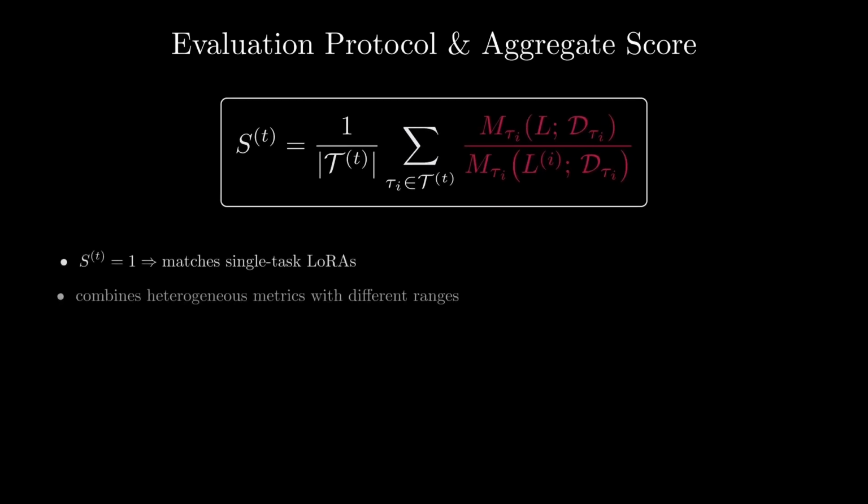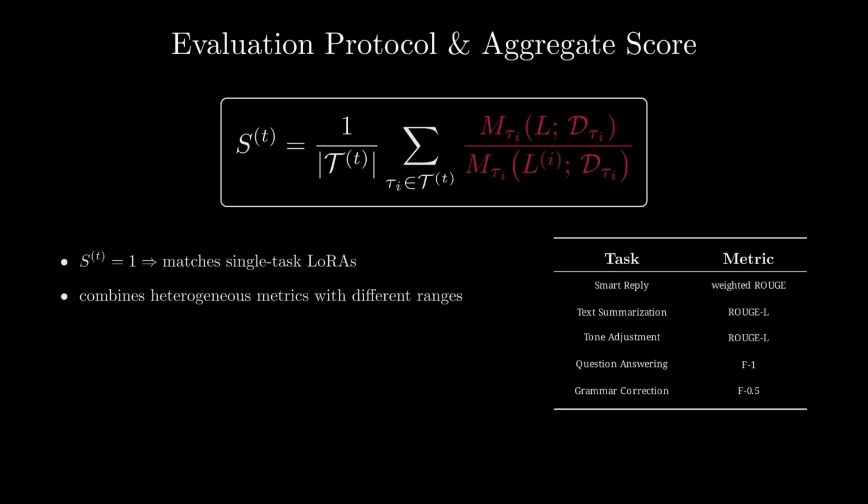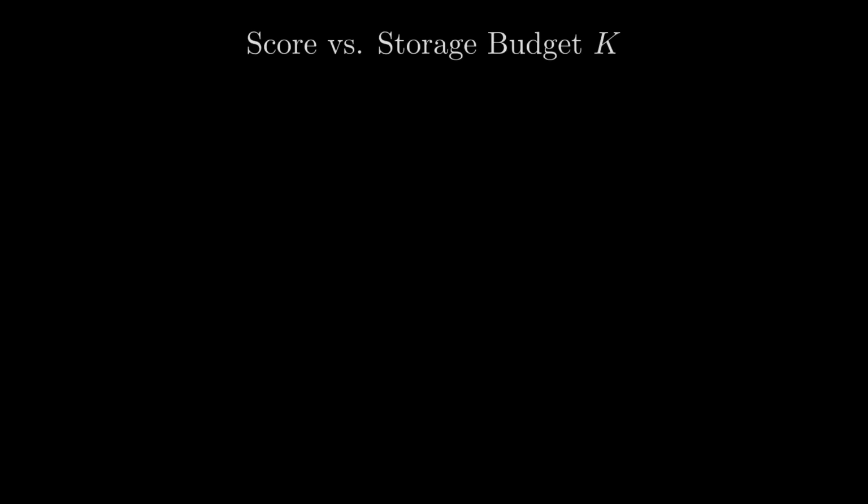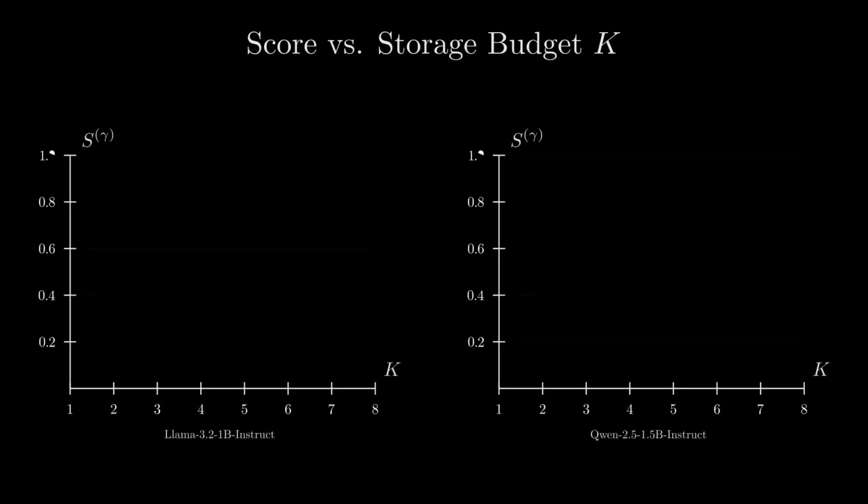This formulation is particularly useful because it lets us combine completely different metrics which can have different ranges into a single score at each time step. For example, Rouge L for text summarization and tone adjustment, weighted Rouge for smart reply, F1 for question answering, and F0.5 for grammar correction.